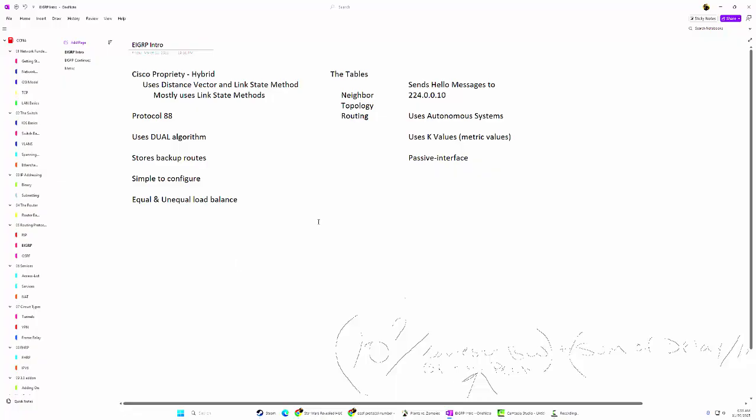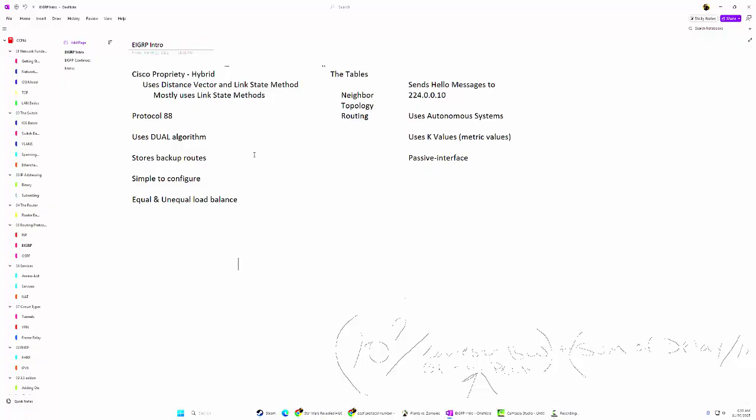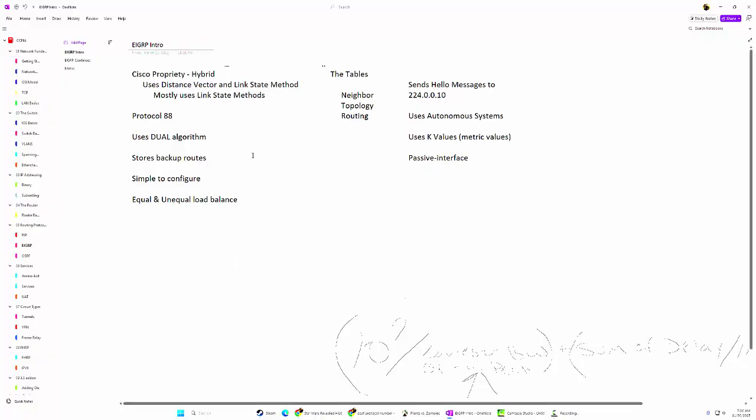EIGRP, neighbor by neighbor, uses autonomous system numbers after router EIGRP. That's kind of important because you can have multiple autonomous system numbers, meaning that if I want to send routes from one autonomous system number to another, you might have to do some redistribution. You know what I'm saying?